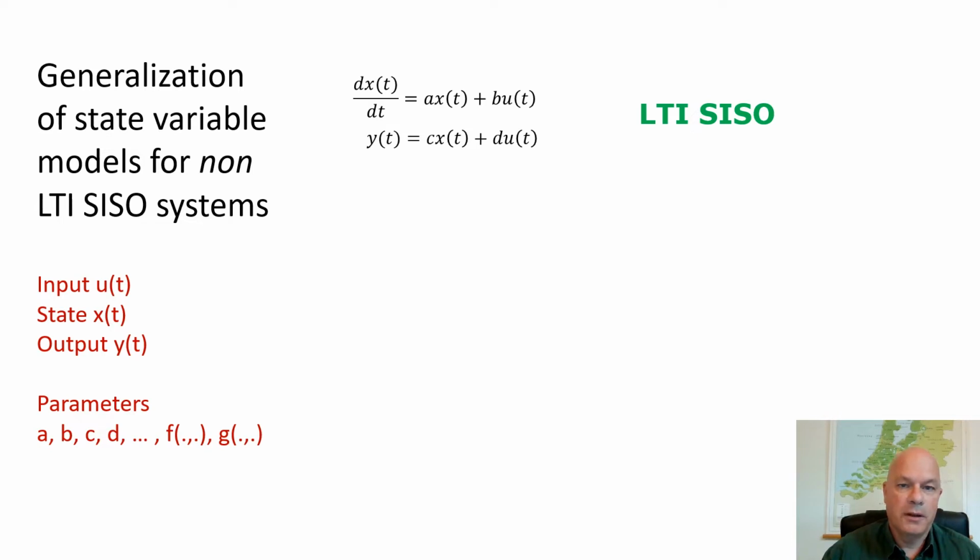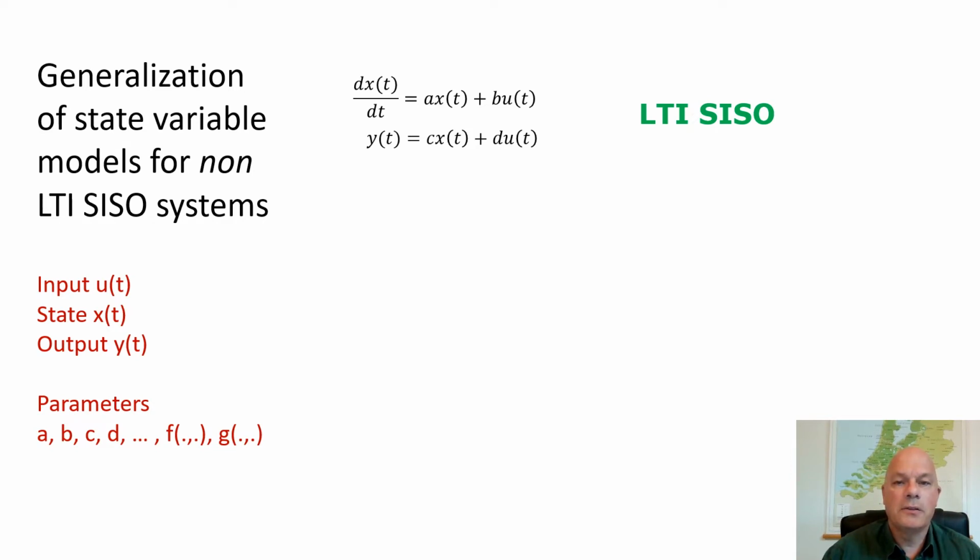The state variable, in their case, mass, is a function of mass and of input. The output can be a function of both. In case of the Jeffrey example, the D was equal to 0. So this is still linear time invariant in single input, single output.